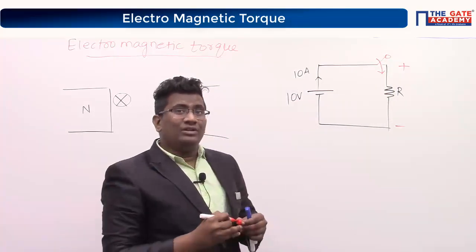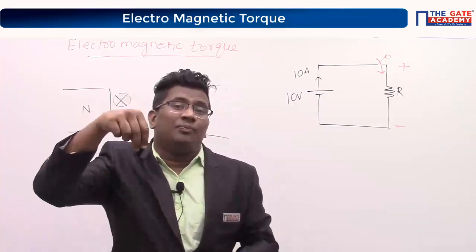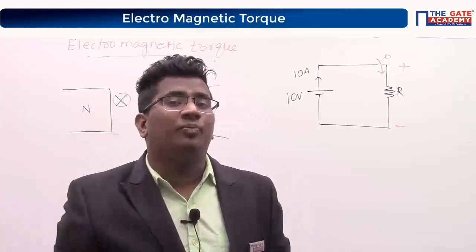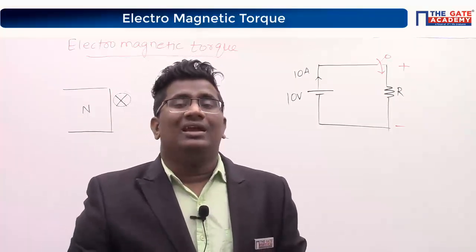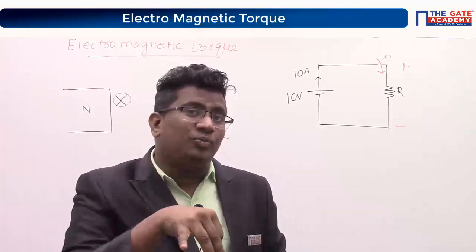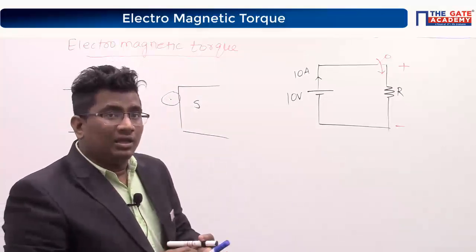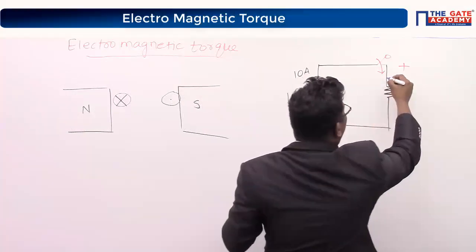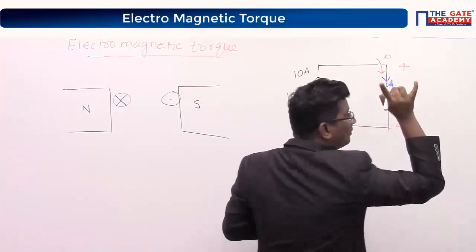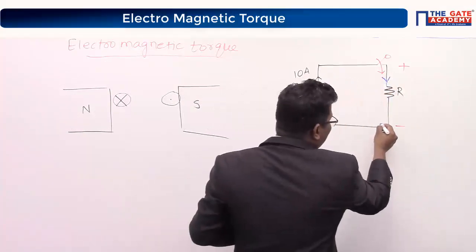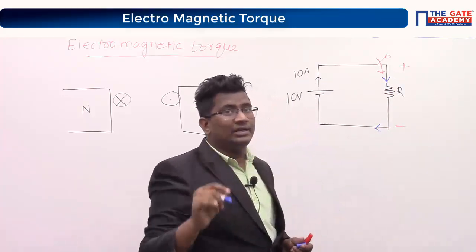Polarity like this. Now you tell me, is current entering at a positive polarity or leaving at a positive polarity at the load side? Current is entering at a positive polarity. Mark my word. Where is it leaving? Negative polarity.